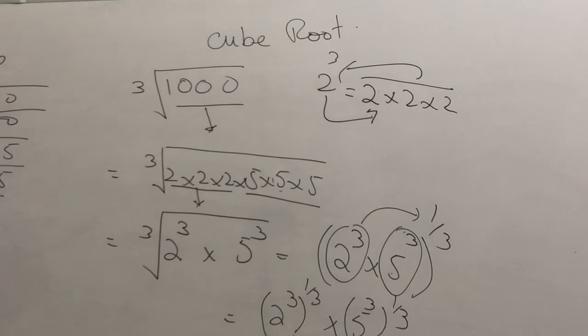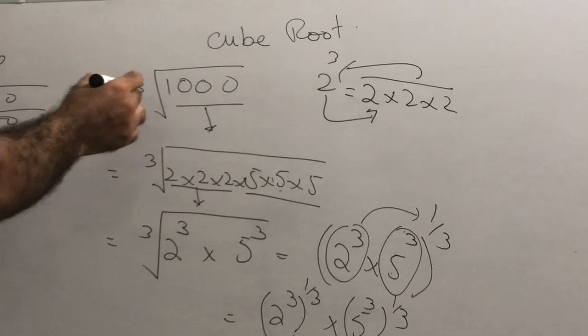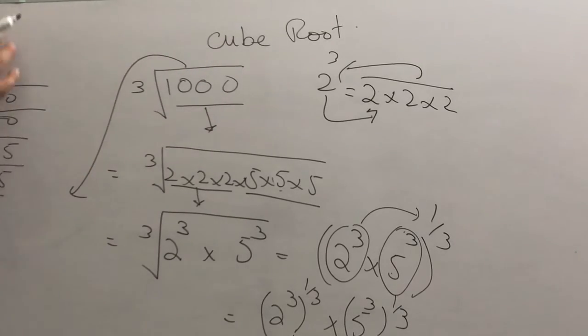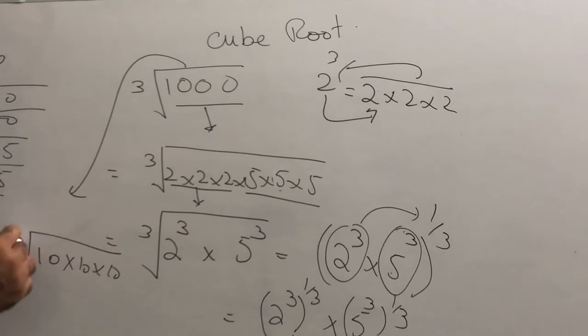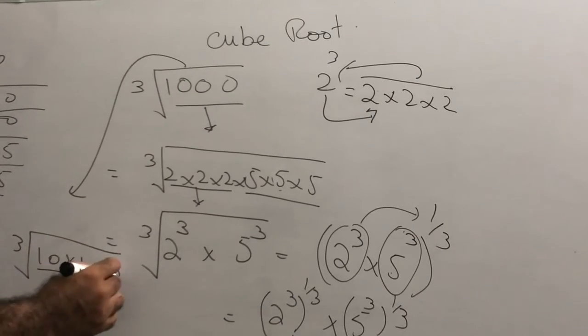So when we calculate the cube root of 1000 using prime factorization, we get the result 10. In a simple way, just to check, if we don't use prime factorization, then we can write it like 10 into 10 into 10. 10 into 10 is 100, 100 into 10 is 1000.